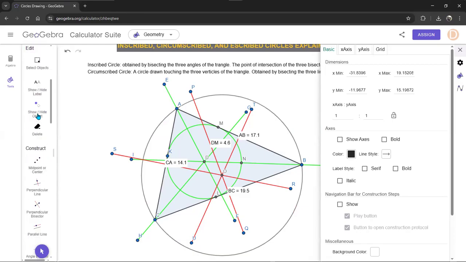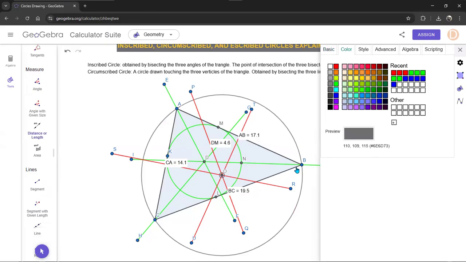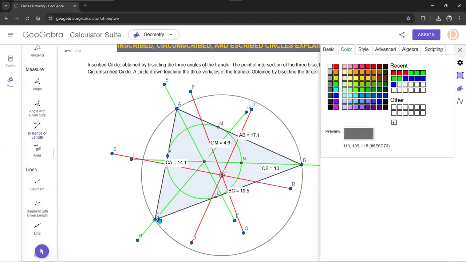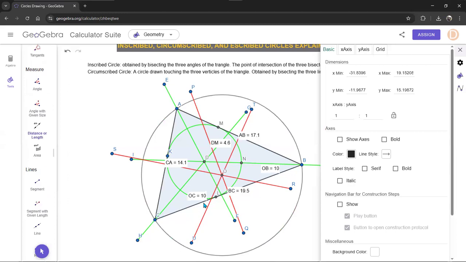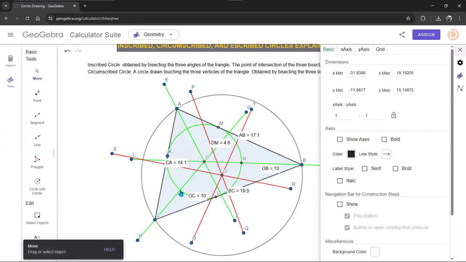So let me just measure one so that we can have the reading, the radius of the circumscribed circle. So we have OB being 10, and if you try OC, you can see it is still 10. So we are not going to use OC, one is enough. So let's just take it out.